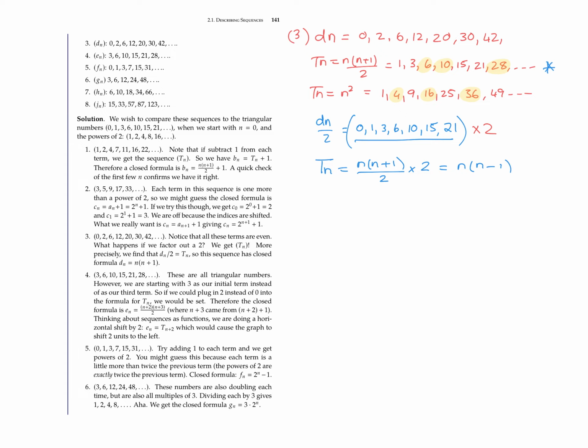Okay, so if n is 1, you get 1 times 1 minus 1, which is 0. If n is 2, you get 2 times 1. If n is 3, you get 3 times 2, which is 6. If n is 4, you get 4 times 3, which is 12. If n is 5, you get 5 times 4, which is 20.